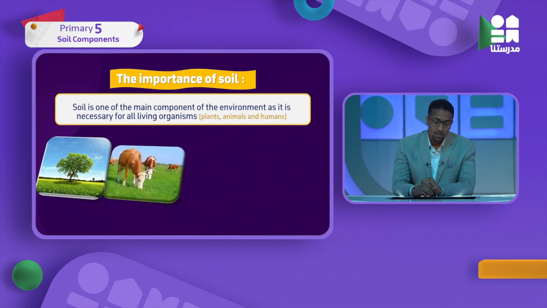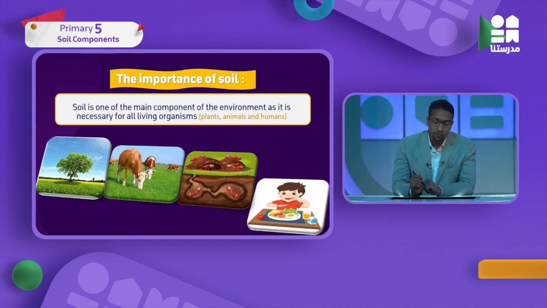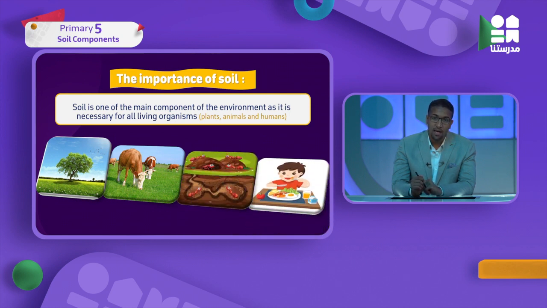And it is also necessary for animals, which depend on the soil in feeding, because they feed on plants which grow in the soil. And it is important for other living organisms like ants and spiders, because they make their homes and shelter in it. And it is important for humans because we feed on animals and plants, and they need soil to grow.